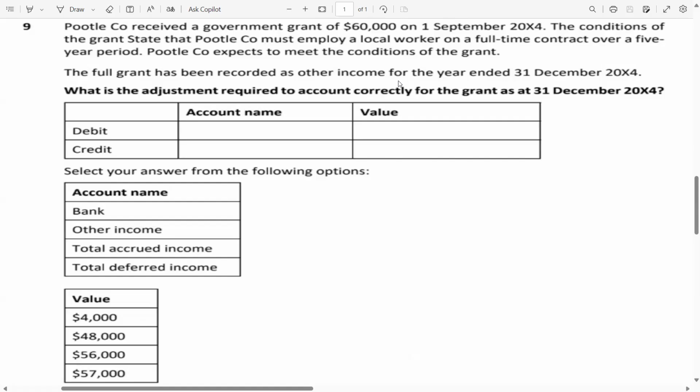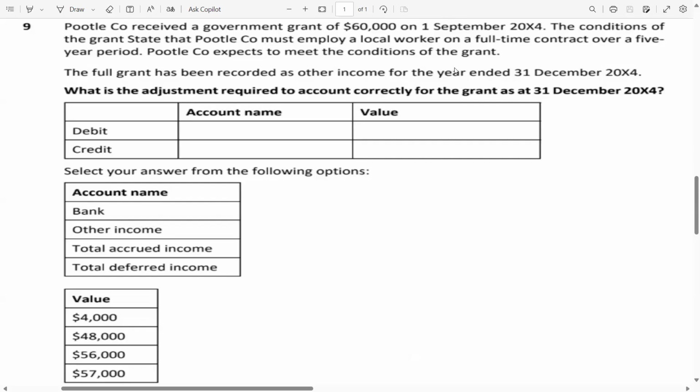So deferred income debit and other income credit. So this is the correct entry. But what Pootle company made in this case, they recognized the full grant. They should recognize the grant for the 4,000.